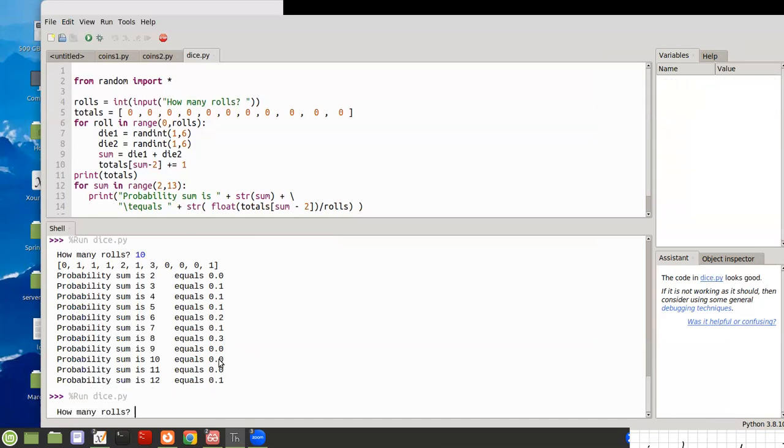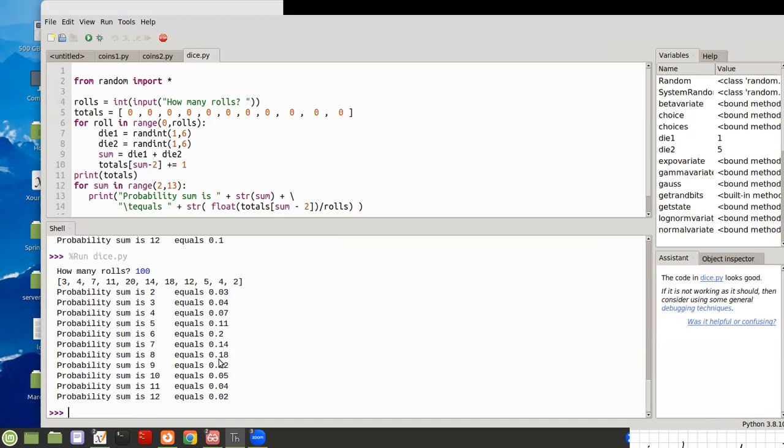Let's try it again with 100 rolls. You can see the numbers at the ends are relatively small, and they're beginning to stack up in the middle, because there are many more ways to get a number in the middle, right? Here 8 is 20%, 15%.